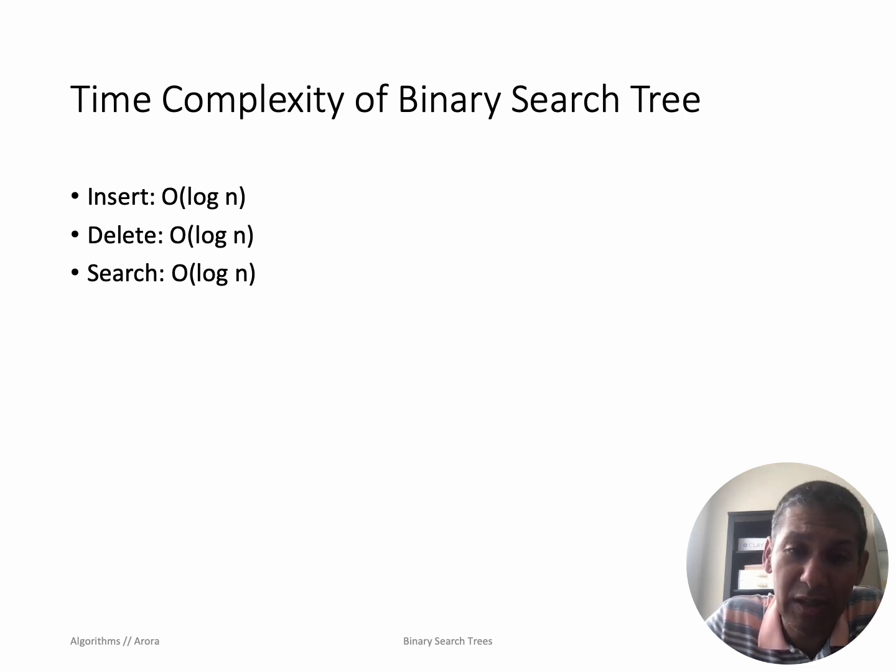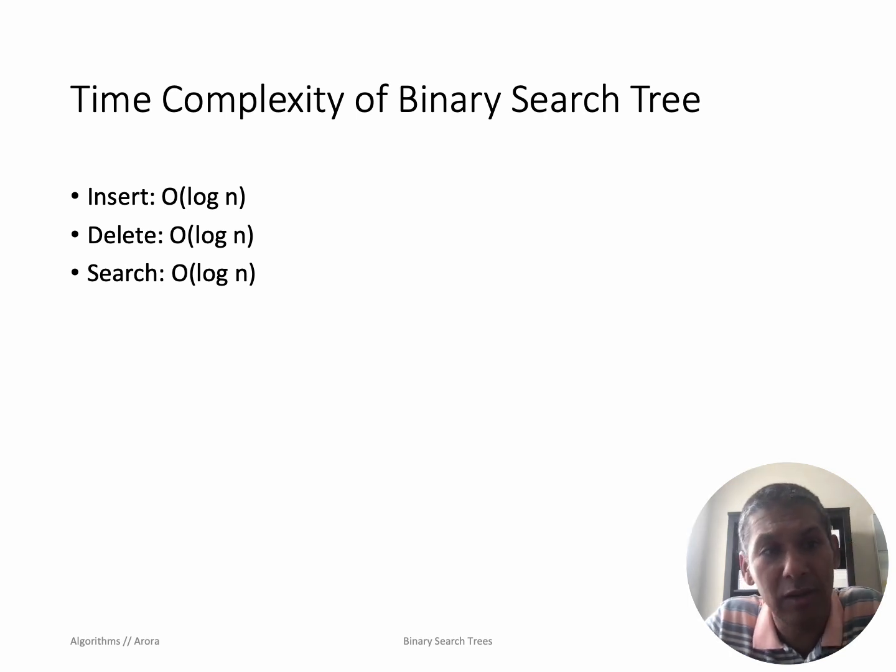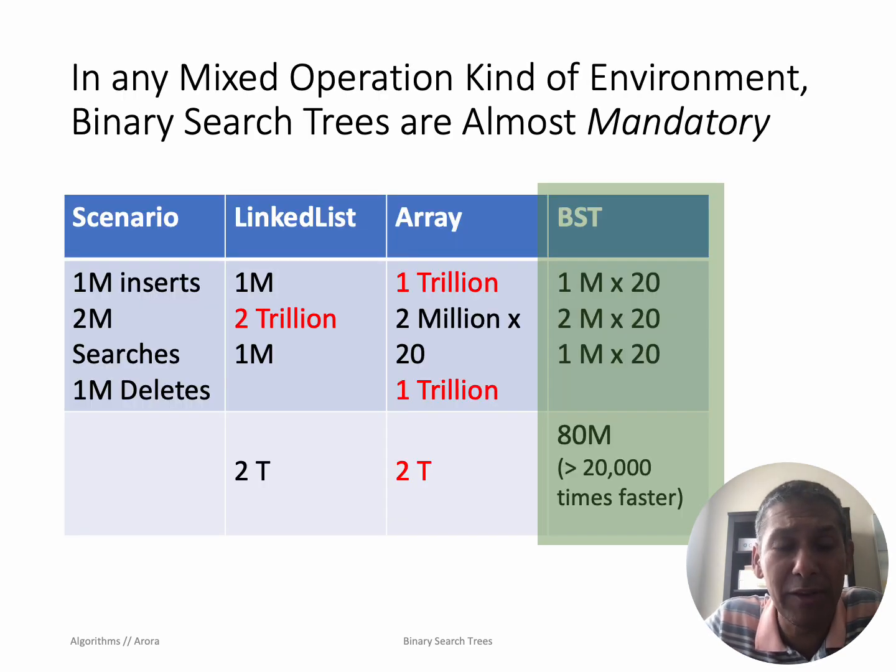In contrast to these, the time complexity of a binary search tree is order log n for any insert, delete, or search operation. And now how does that manifest? In a mixed operation kind of environment, binary search trees are almost mandatory to use.